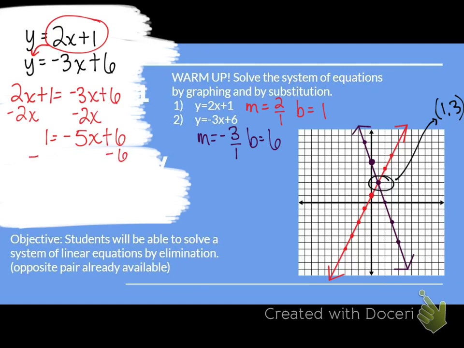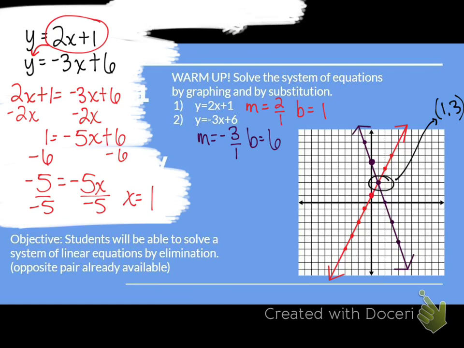Subtract 6. 1 minus 6 is negative 5. Last step to get x alone. Divide. What do we get for x? X equals what? 1. Good.